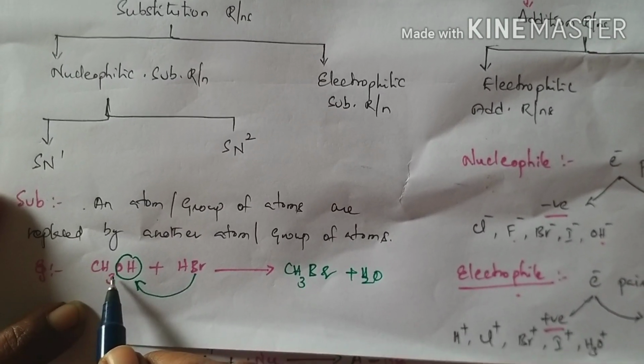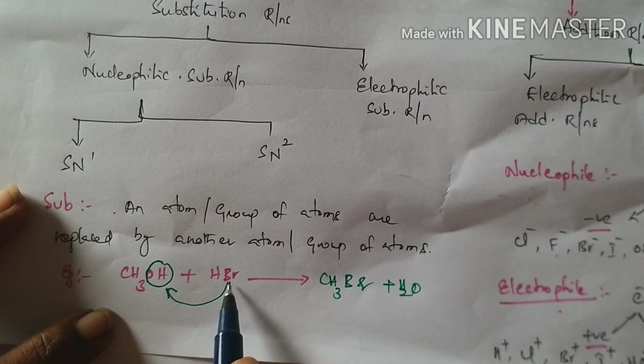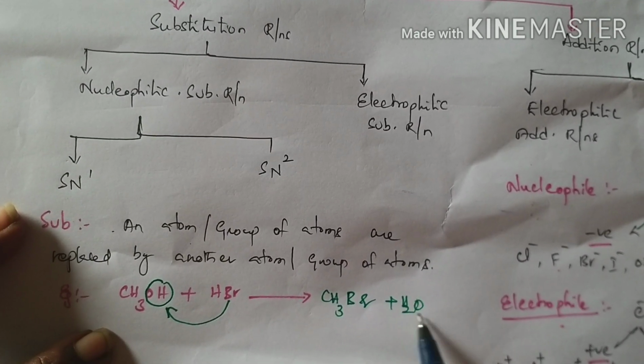Here methyl alcohol reacts with hydrogen bromide. The OH group is replaced by bromine, hence we get methyl bromide, CH3Br, and H2O. This is the structure of methyl alcohol. Here the alcohol group is replaced by bromine, hence we get methyl bromide with water.